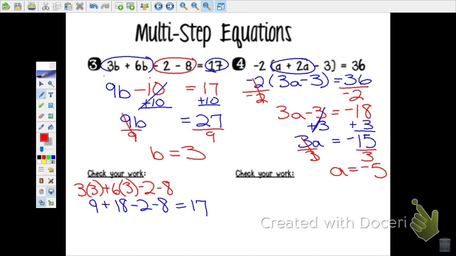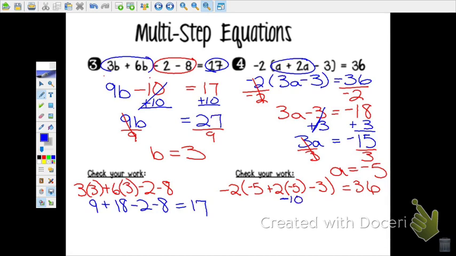When I check my work, I have negative 2, and then my parentheses, I'm going to have negative 5 plus 2 times the negative 5 minus 3. And I'm hoping that that equals 36. So inside my parentheses, I need to do my multiplication first. 2 times negative 5 gives me a negative 10.